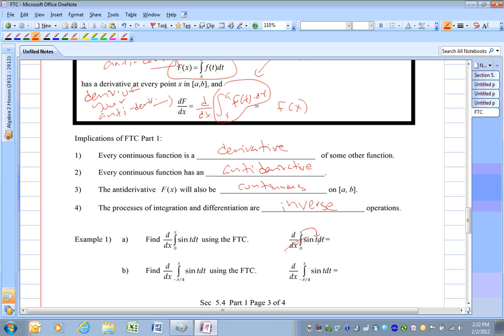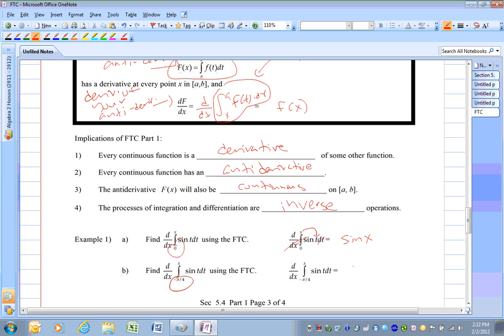So what would the derivative of the antiderivative from 0 to x of sine t times dt be? Just sine x, just sine x, that's all. What about if I change it up? Instead of 0, what happens to negative pi over 4? Does it really matter? Doesn't matter. Notice I did 0, we were doing 1 before.